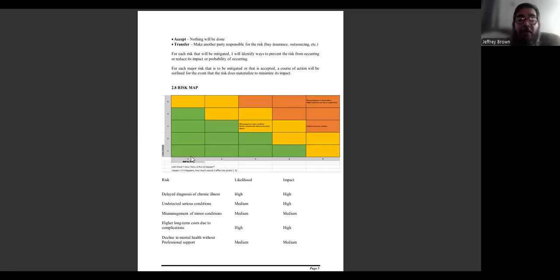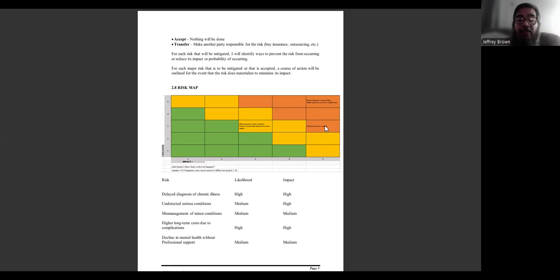So here's my risk map. The risk that I had on here is delayed diagnosis of chronic illness. So the likelihood of not seeing a healthcare professional and the impact are both high on the list. So they're up here in the corner. Undetected serious conditions, likelihood would be medium, but the impact is high.